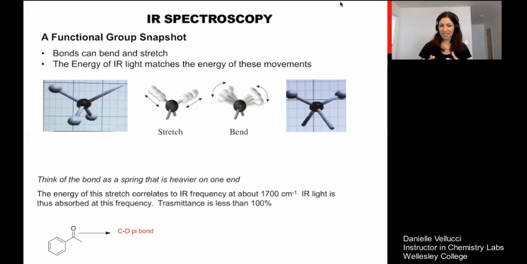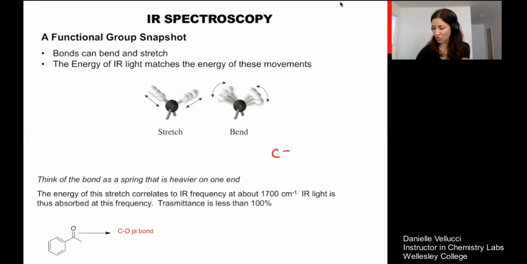So coming back to the idea that the bonds can act as a spring, let's use, for instance, our C=O pi bond, which we find in, say, ketones. What we know is that this bond has a heavier oxygen atom and a slightly lighter carbon atom, and that this bond can undergo the stretching motion shown in the picture above.